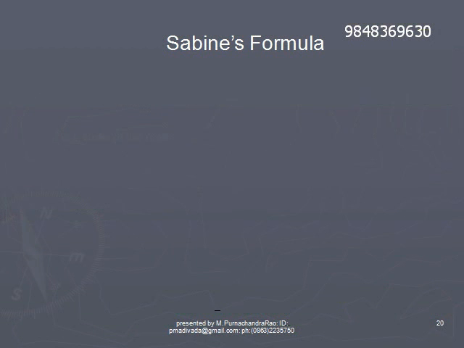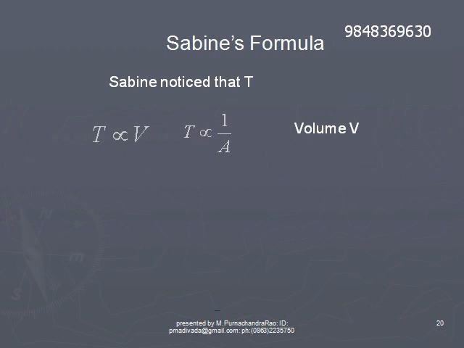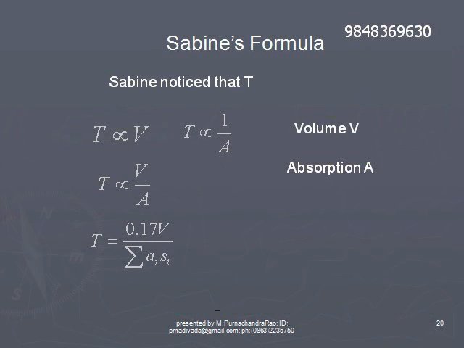Let the volume of the room be V. Total absorption is A, which is equal to sigma AI SI, and the total volume of the room is V. Then it is found by Sabine that the reverberation time varies directly as the volume. The reverberation time is directly proportional to the volume and inversely proportional to the total absorption of the room.